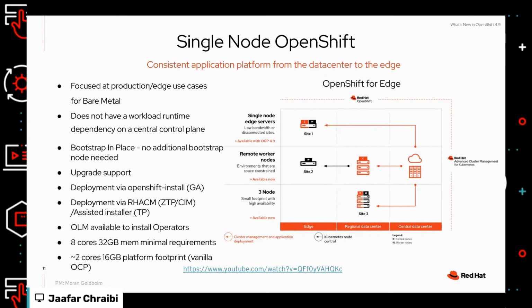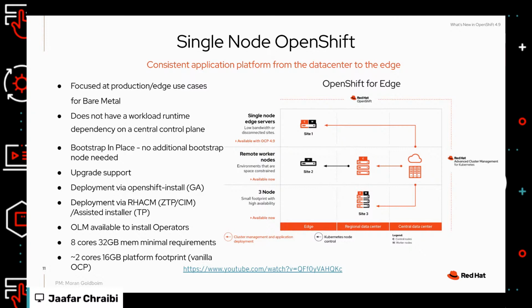But we had some customers who wanted a more compact installation of OpenShift. So we worked on what we call the 3-node cluster, which came out, I believe, with OpenShift 4.7. Basically, the masters and workers were co-located, allowing a smaller footprint for some use cases.